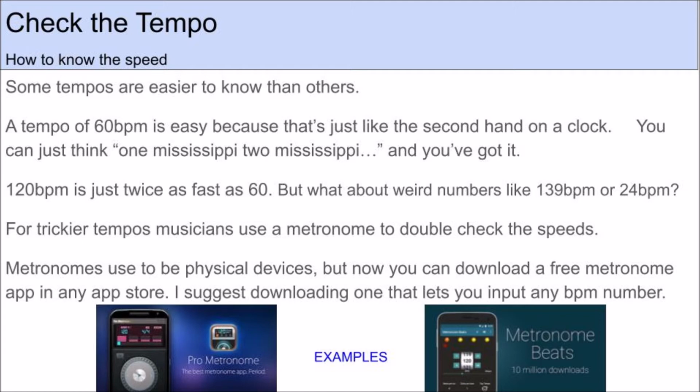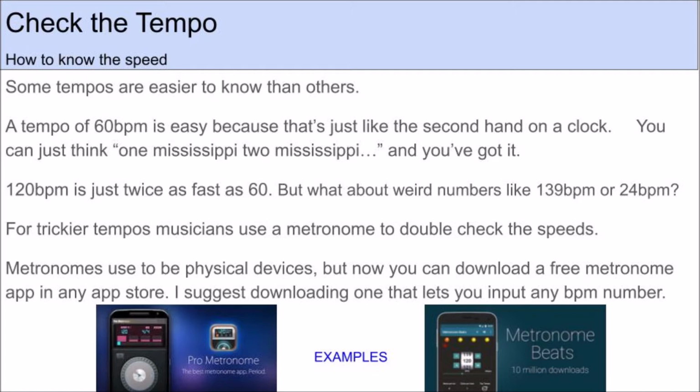So you go from 1 Mississippi, 2 Mississippi, to 1, 2, 3, 4, 1, 2, 3, 4. It's double the speed of 60 beats per minute. And then everything in between, you can use those as references.